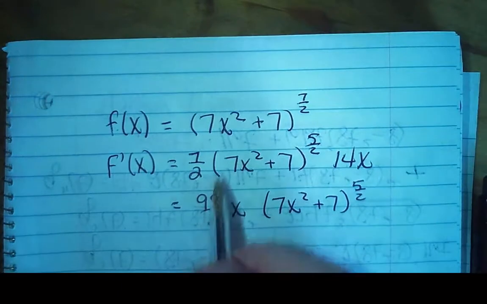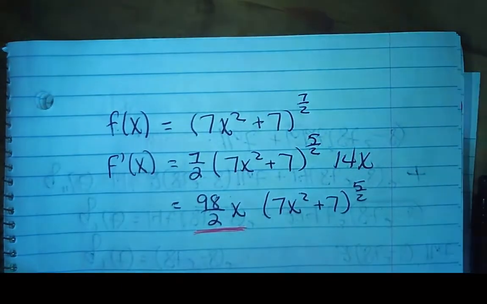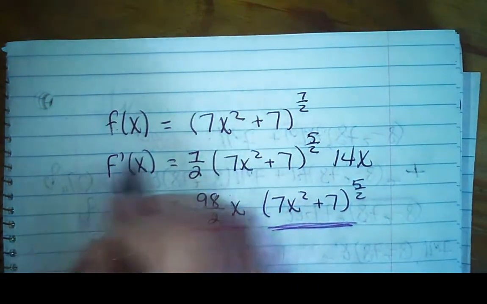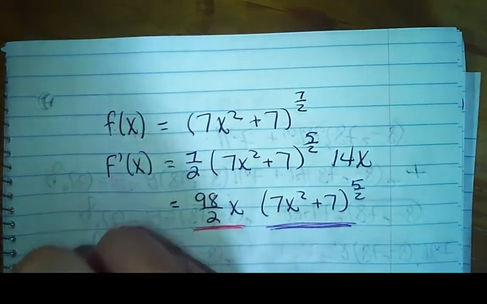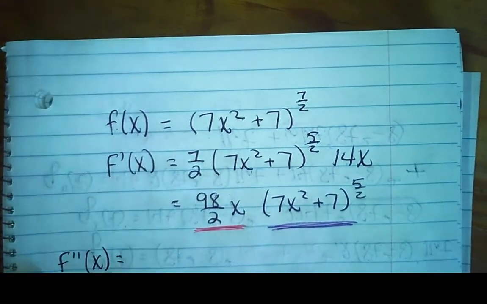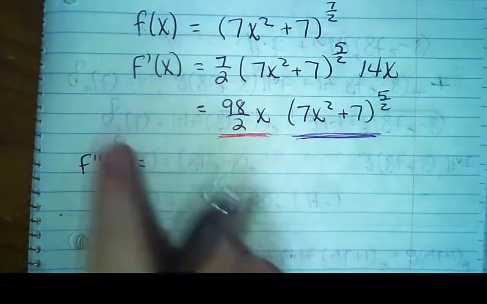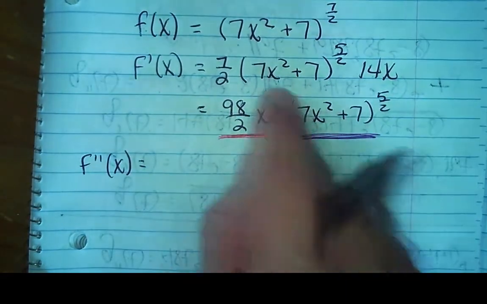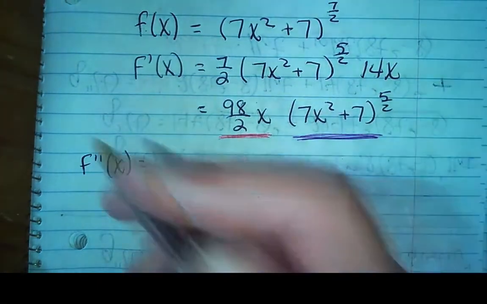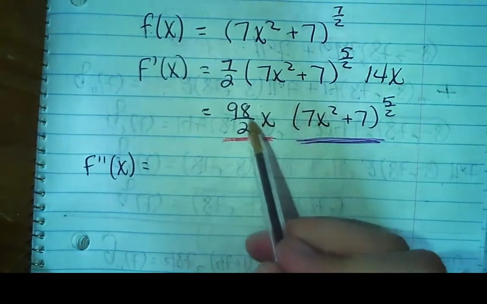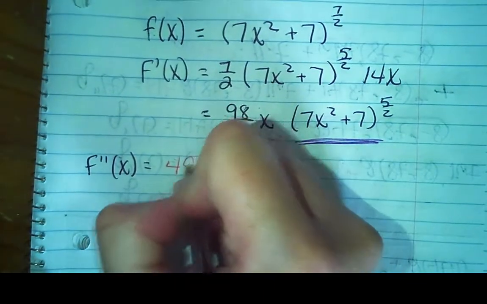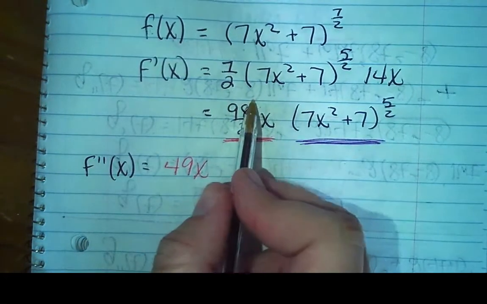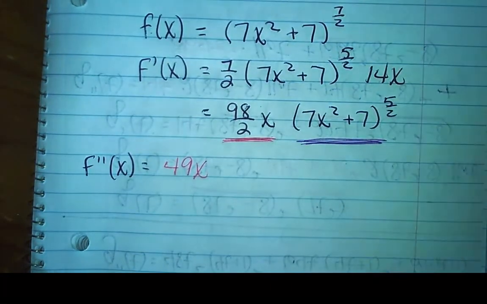So now I've got to do product rule, because I've got variables times variables as my bigger picture. My second derivative is going to involve product rule, and then I'm going to have to do some chain rule on the inside. So I've got the first, which is 98/2 x, that reduces to 49x, times the derivative of the second.